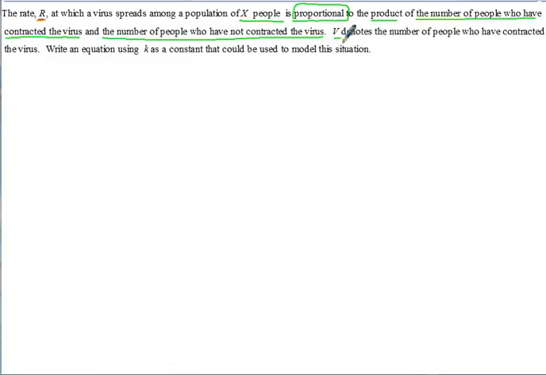And V denotes the number of people who have contracted the virus. Write an equation using K as the constant that can be used to model the situation. So we're just setting up the model for this.